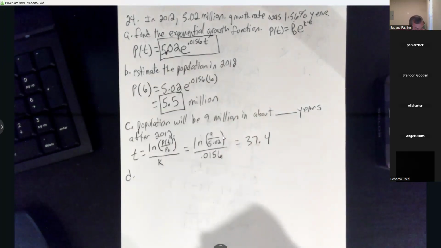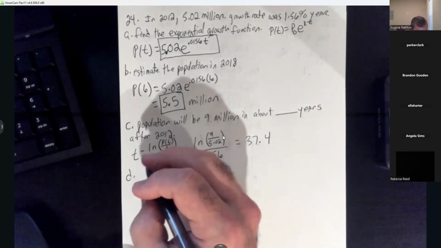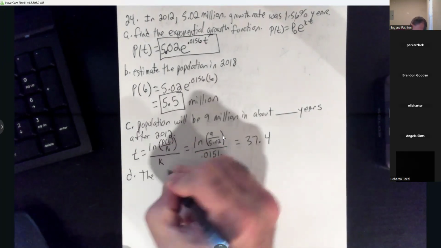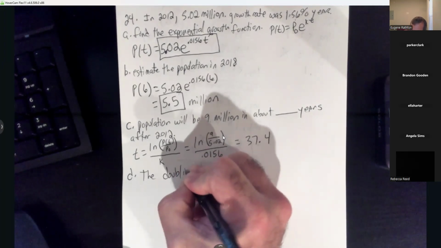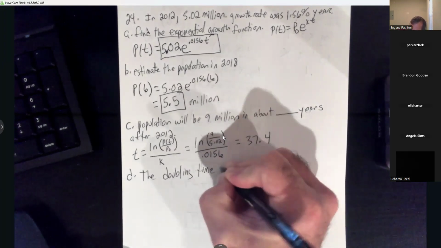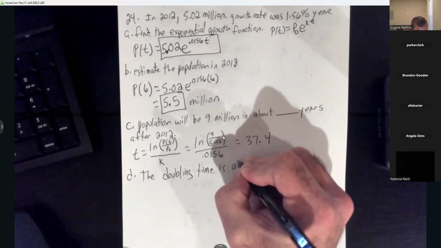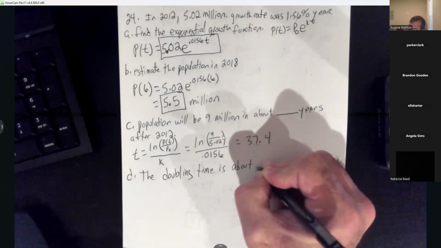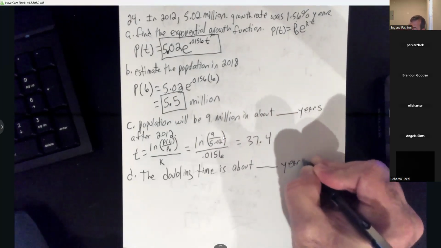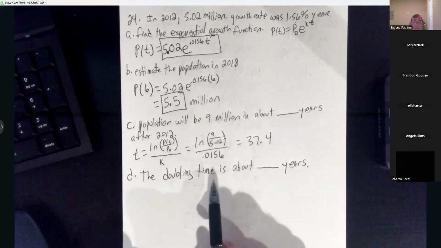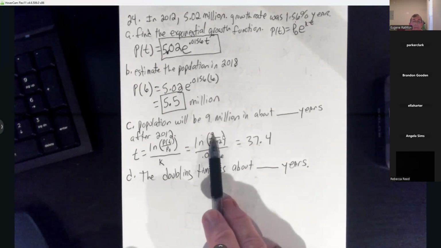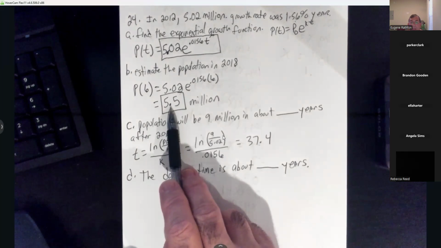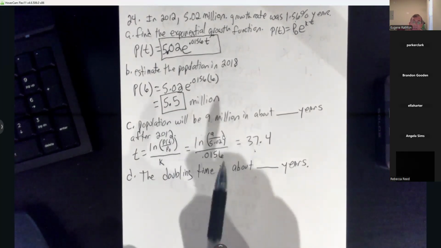All right, let's see. D, I think they want to know the doubling time is about blank years. Well, this went to 9 million, which wasn't double yet. It took it 37 years.